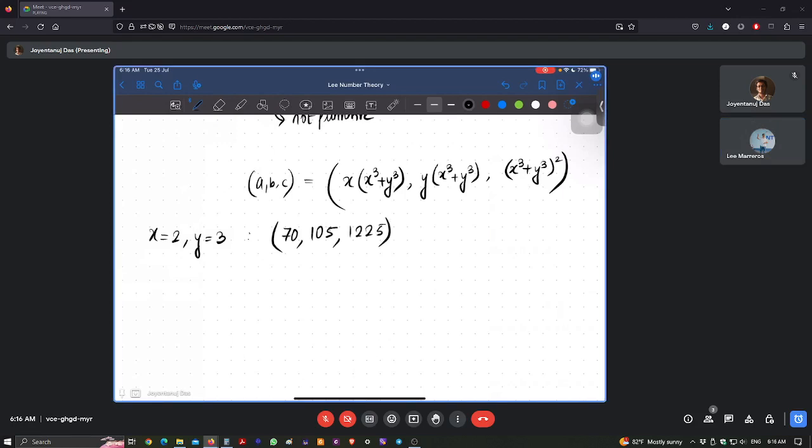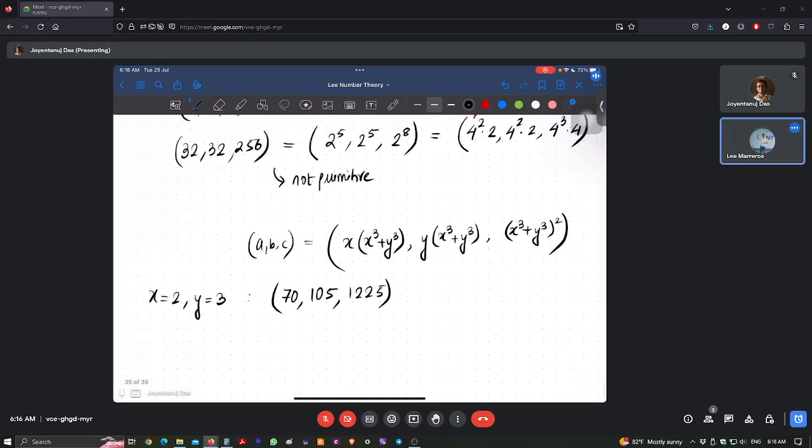Let us check whether this is primitive or not. Please try to do it. It is not possible, because 70 is 2 multiplied by 5 multiplied by 7, so we cannot find any square factor.